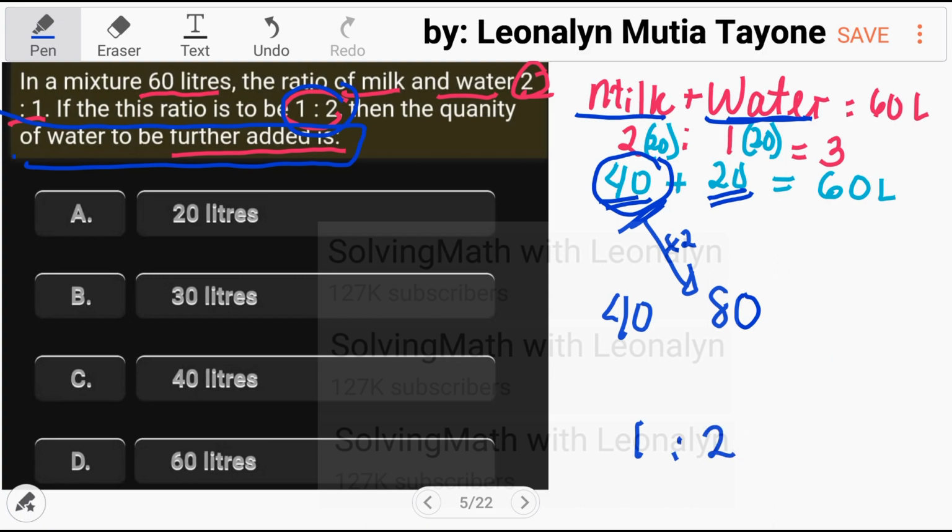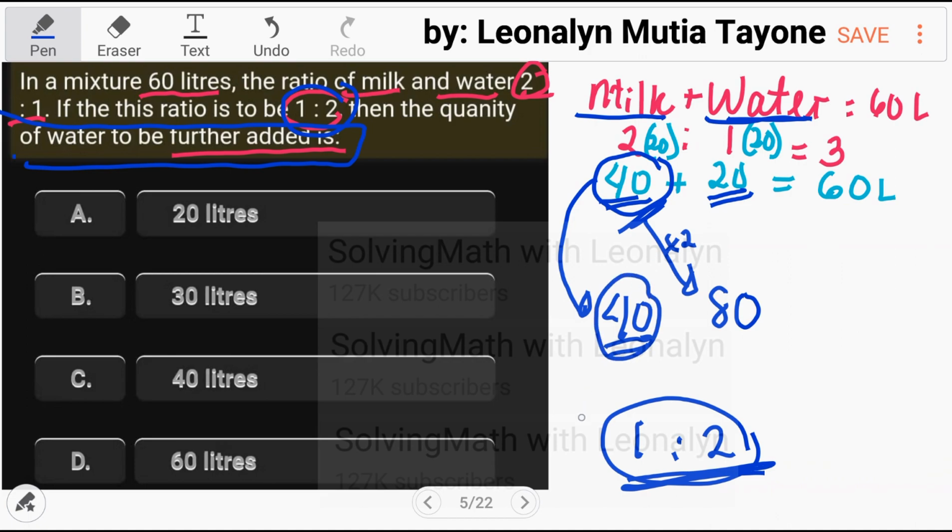Ang tanong lang naman dito ay ilan na yung water na idagdag natin para ang ratio ay 1:2. 40 si milk. At para maging 1:2 yung ratio niya, dapat twice sa 40. Twice of 40 is 80.